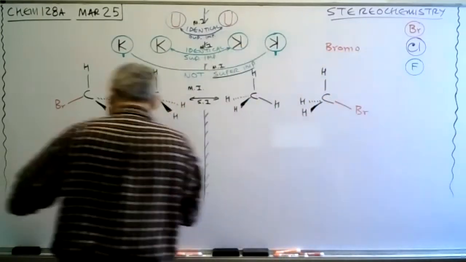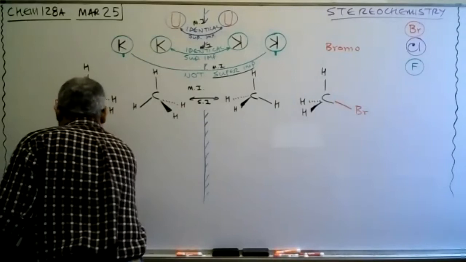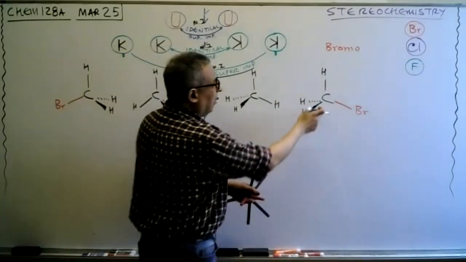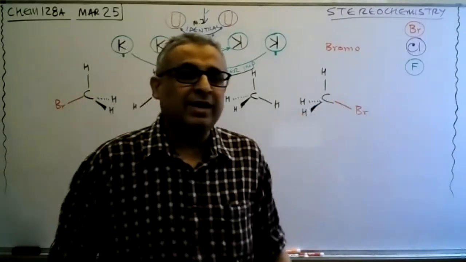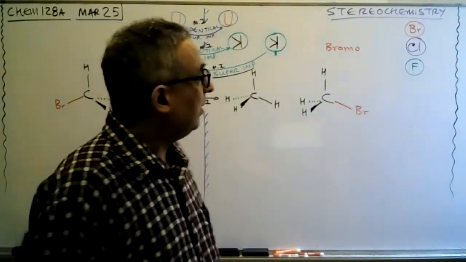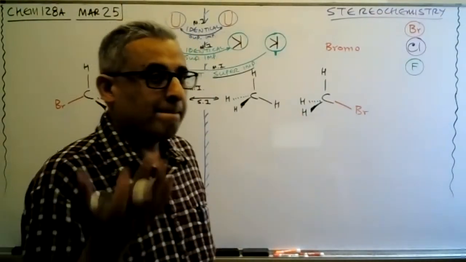The alkyl group, which alkane did it come from? Methane. Thank you, Harpreet. Bromomethane.